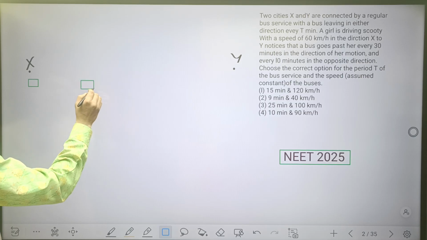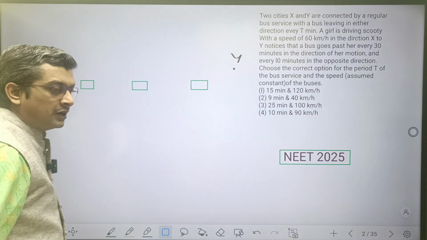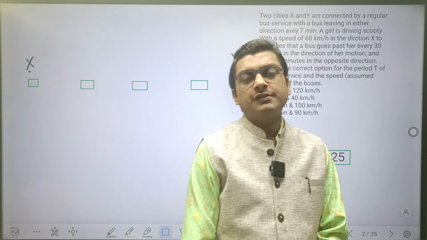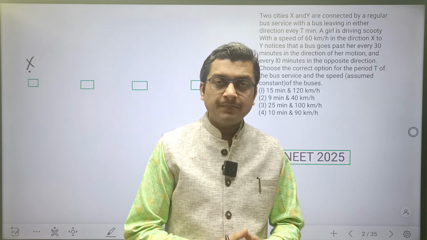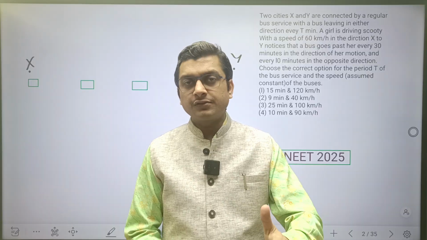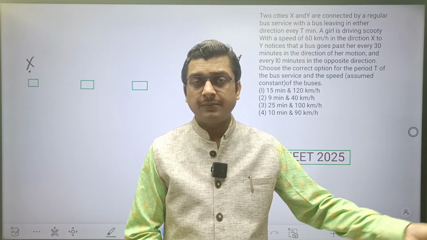And it is given in the question that every second bus leaves the city X after T minutes, the first one has left. Whether the bus is moving from city X to city Y or city Y to city X, the second bus leaves after every T minutes. The first bus has already left.